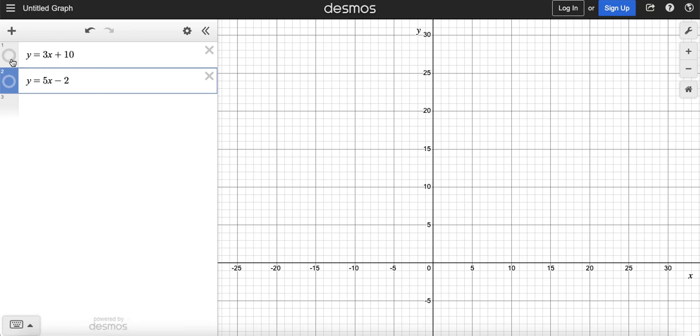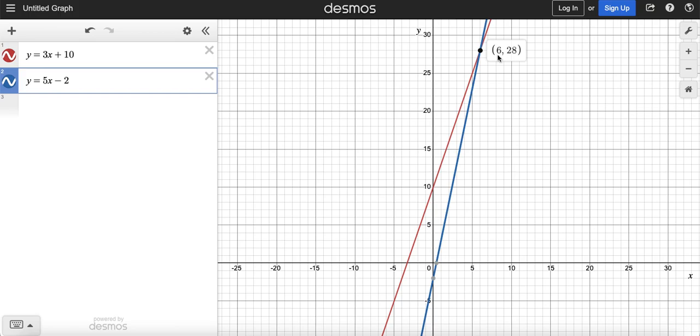Now you can see these two lines meet up at a point here. If I click on the point, I can see these two lines will meet up at the point 6, 28.